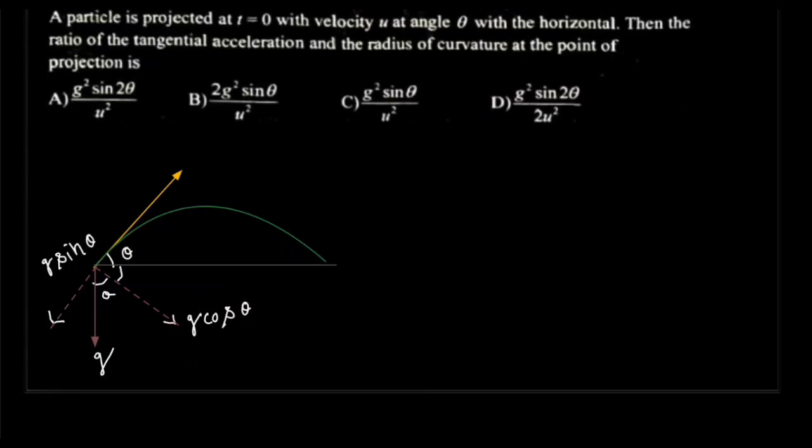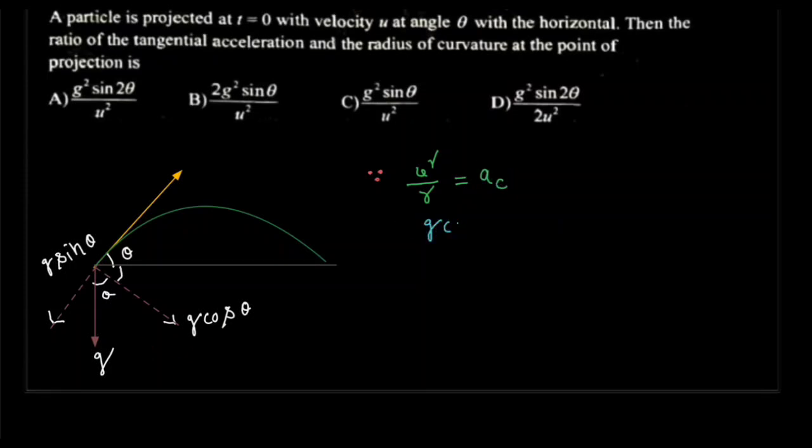What do we have to calculate here? The ratio of tangential acceleration and the radius of curvature. So what is the centripetal acceleration formula? The centripetal acceleration is v square by r, equal to ac. Now the centripetal acceleration is nothing but this g cos theta.